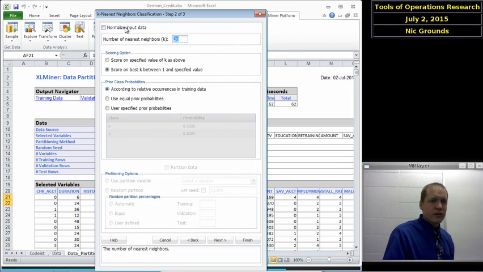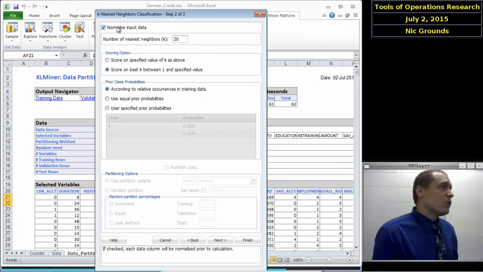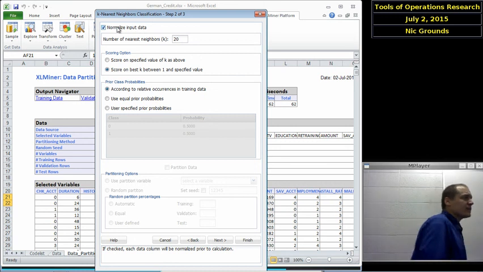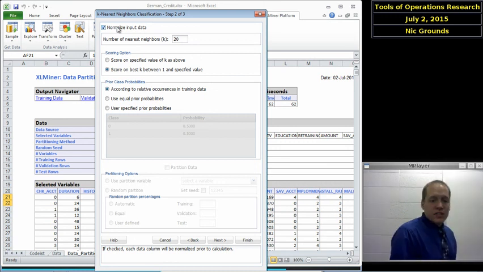The other thing you can do here is normalize the data, which I will do. The reason, again, is I don't want some of these fields, like the amount of the loan, which is thousands of dollars or thousands of whatever currency, to overshadow differences between whether you're getting the loan for a car or not a car, right?